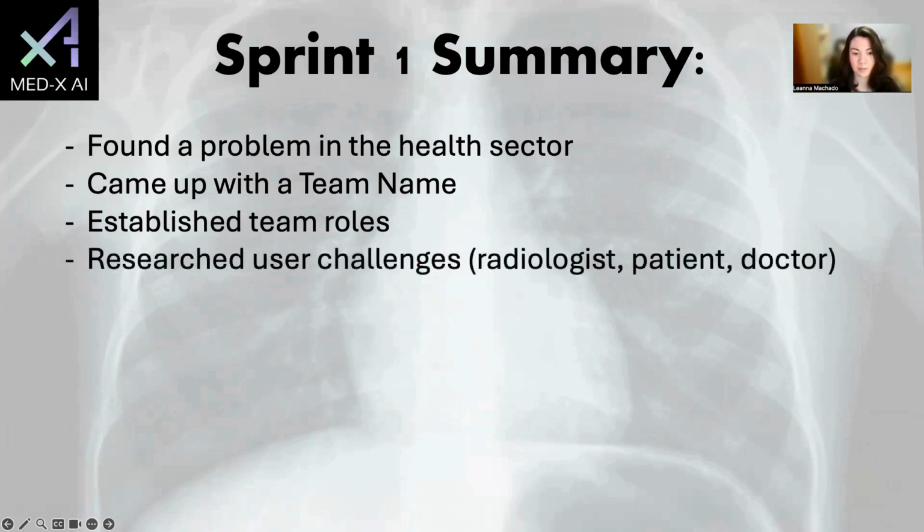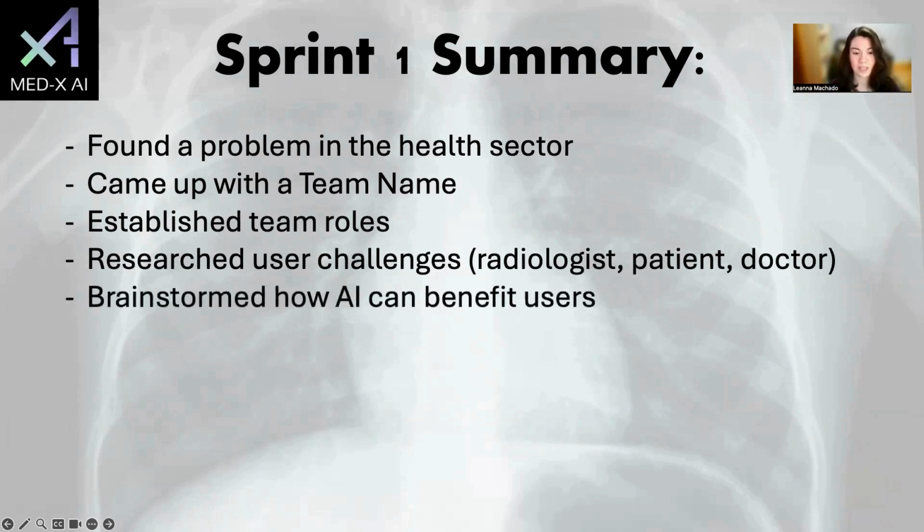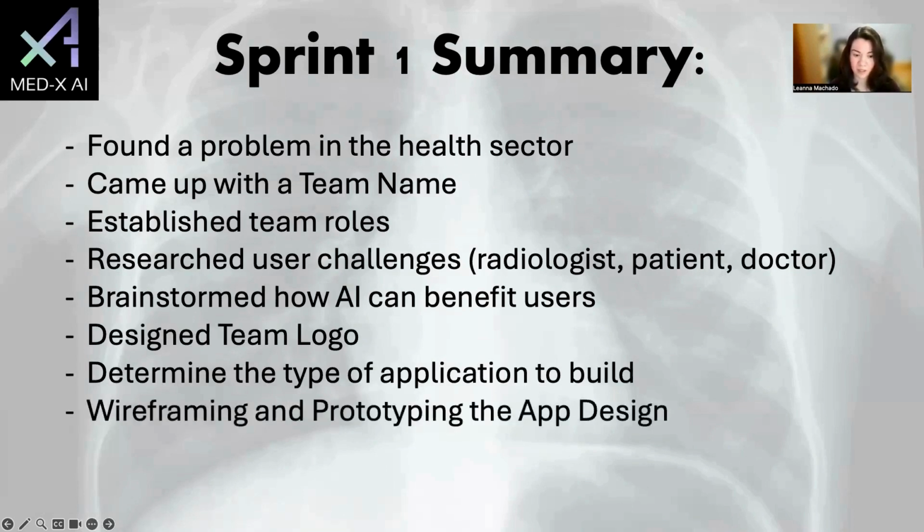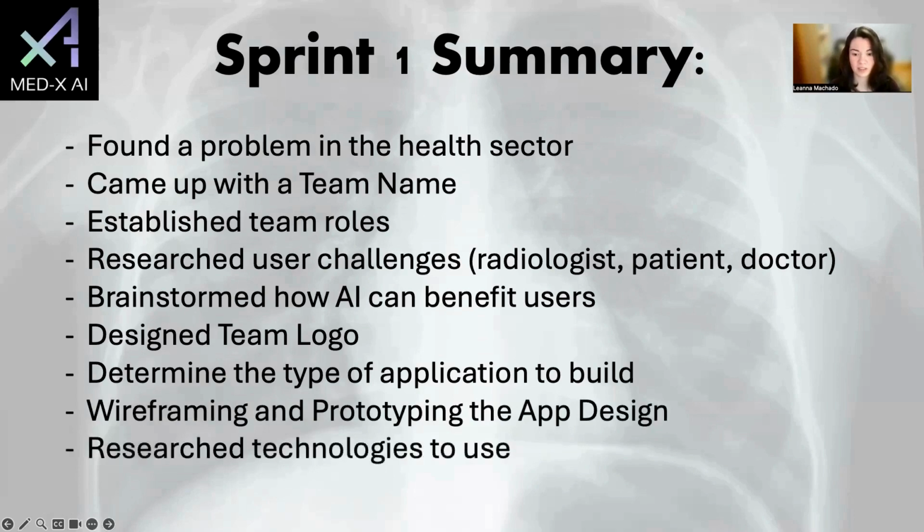The team also got familiar with the topic domain and researched the literature to understand user challenges. We brainstormed how AI could be used as a solution and designed our team logo. After determining what type of application the team will build, we designed wireframes and prototypes of the app. We also researched what technologies we would use to develop our product.